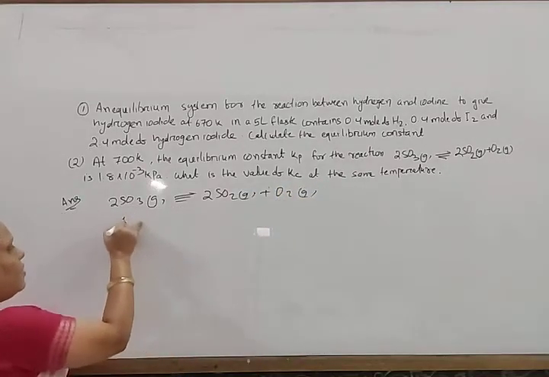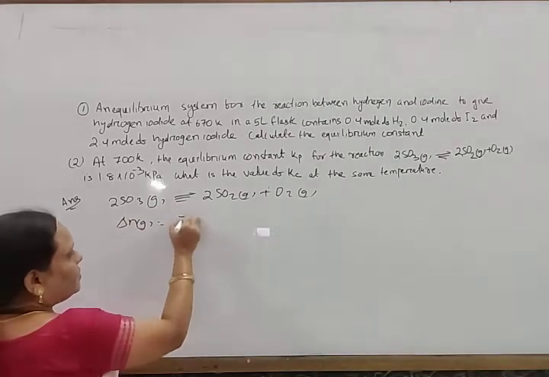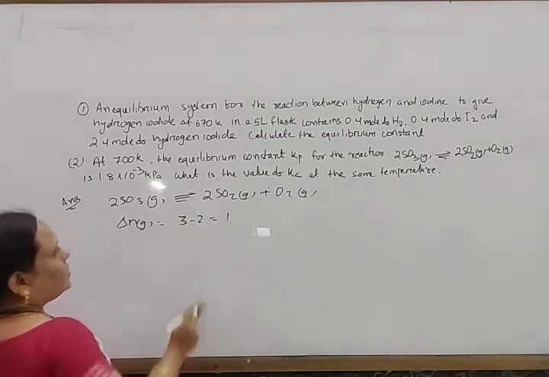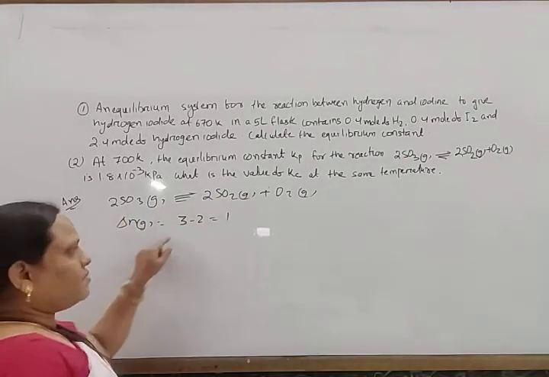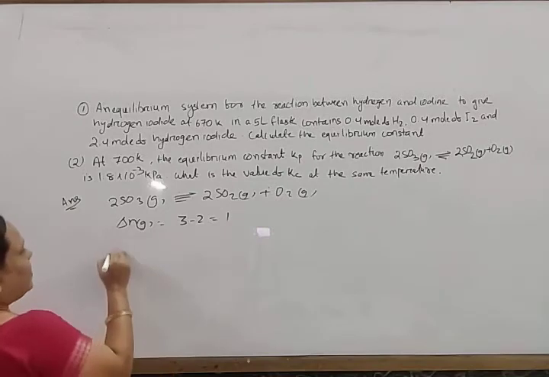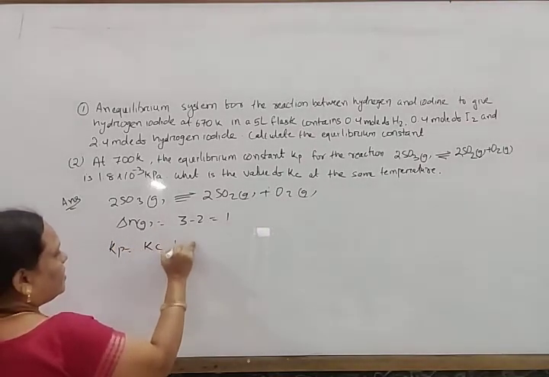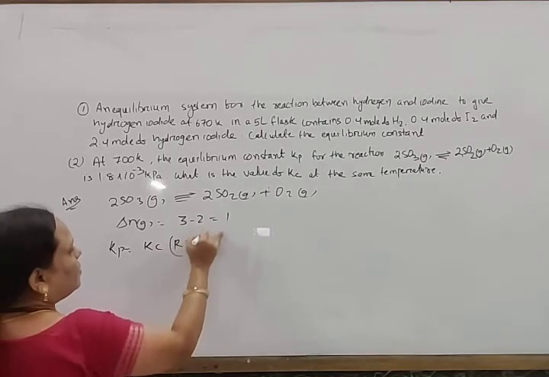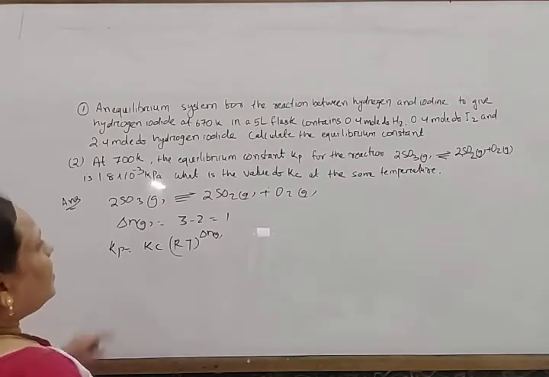Then what is the value of del n? Here also del n is equal to 3 minus 2, that is 1. So 3 moles of gaseous products and 2 moles of gaseous reactants, 3 minus 2 is equal to 1. And again we know Kp is equal to Kc (RT) to the power del n.